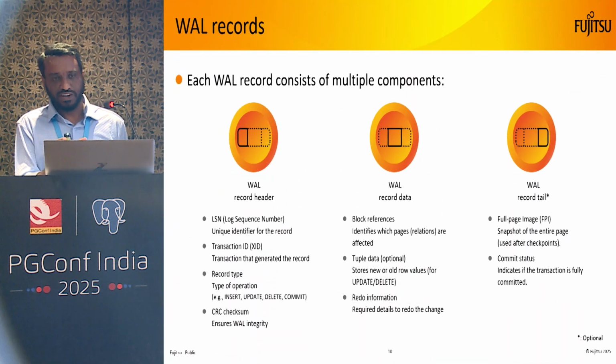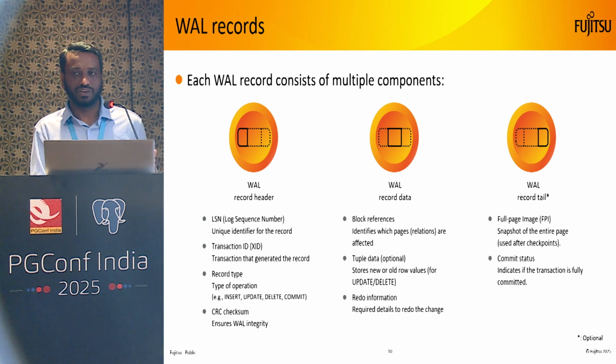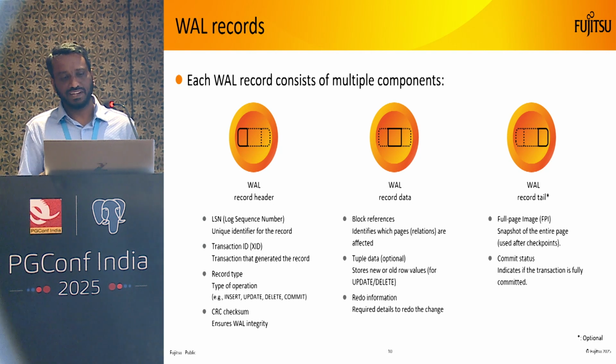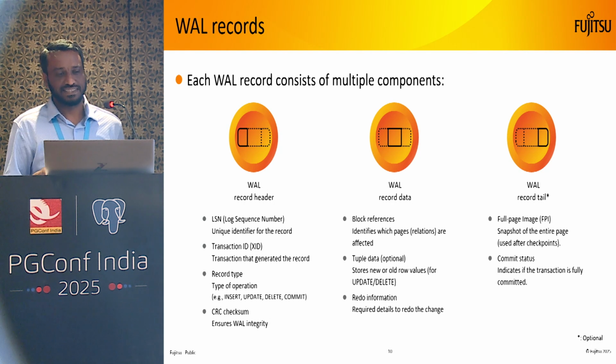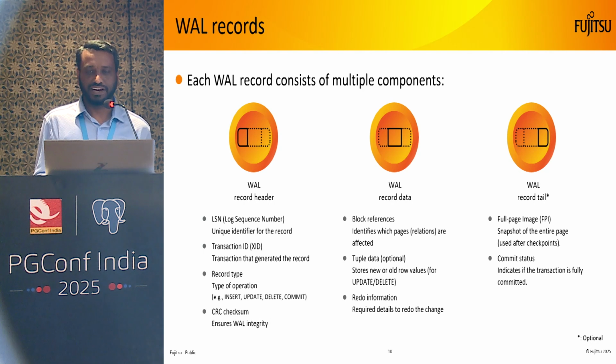Now we'll zoom in and see what is present in a WAL record. A WAL record has three components: the WAL record header, WAL record data, and WAL record tail. In the WAL record header we will have the LSN, the unique identifier for the record.